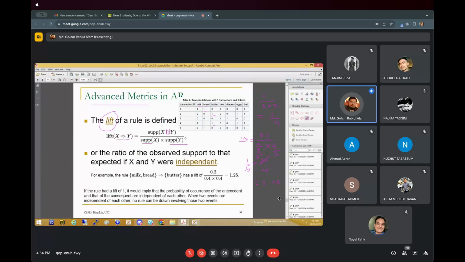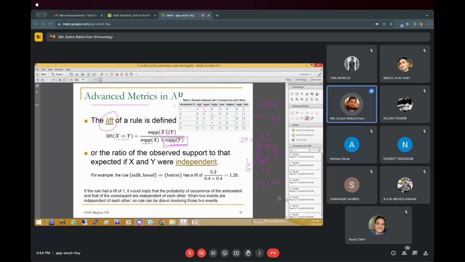So the additional thing is this. In our confidence equation, it is the support of x and y divided by the support of x. But this time the support of x and y, we have to divide by x and also y.